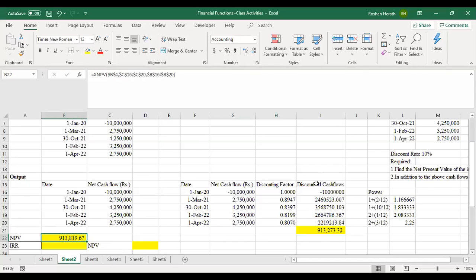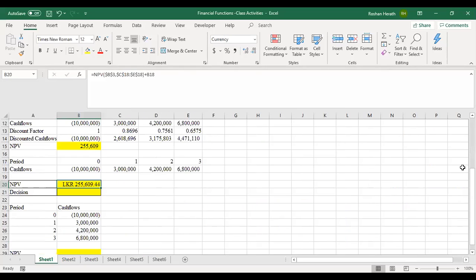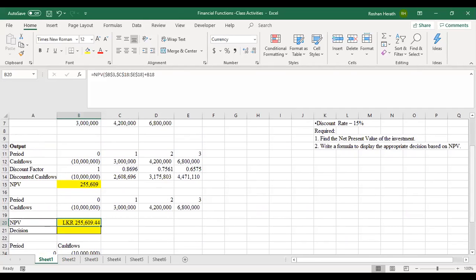But when it comes to the computation of this NPV the manual way, in the presence of irregular cash flows, that was not an easy task. It was quite manageable if you have regular cash flows. There you could have easily taken the discount factor and computed that easily.